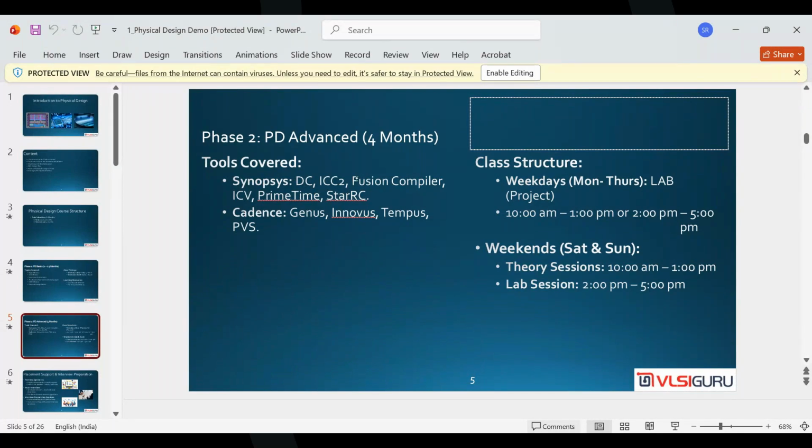ICC2 will be used for floor plan, placement, CTS and routing. We have Fusion Compiler, ICV, PrimeTime and StarRC. From Cadence we have Genus, Innovus, Tempus and PVS. These are the tools which are available in our institute.